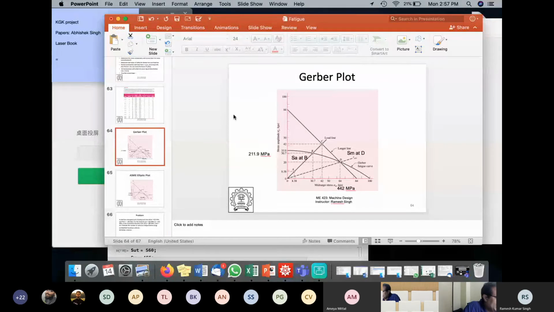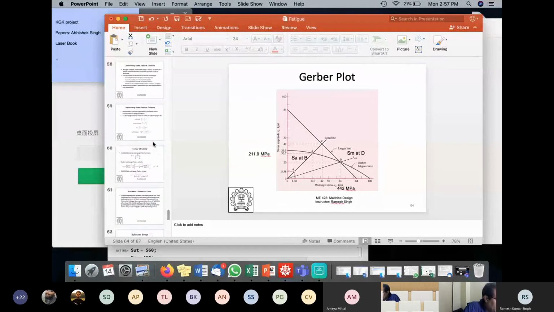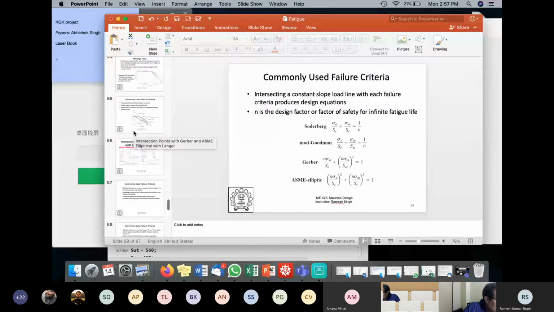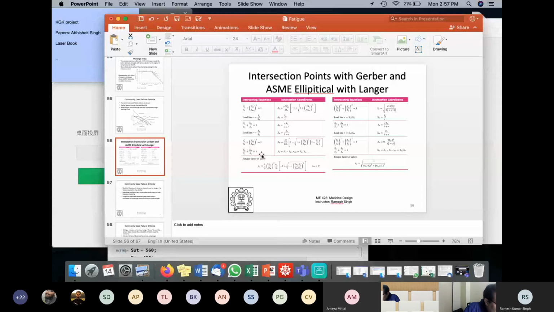If you go ahead and see, the Langer line's equation is Sa plus Sm is equal to Sy, right here. Let me blow it up, I think it will be more clear.